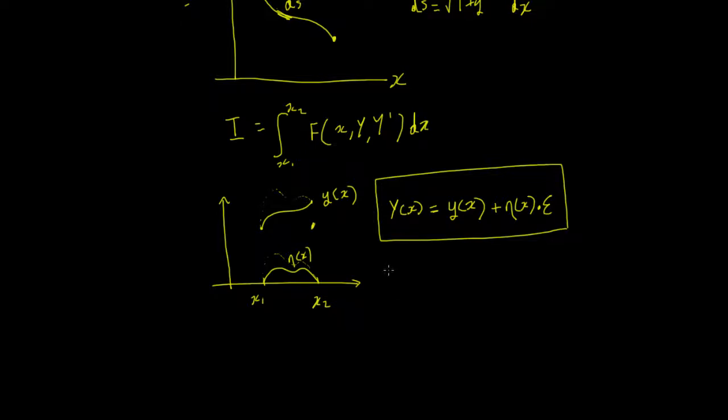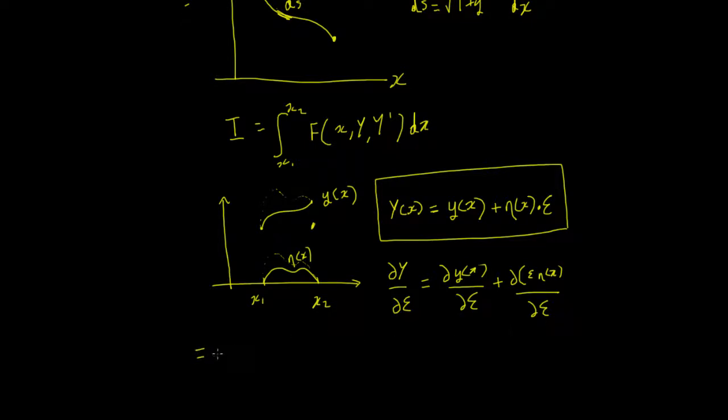If we look at the change, partial Y by partial epsilon, that equals partial y of x upon partial epsilon plus partial, this term here, I'll write it as epsilon eta x, by partial epsilon.